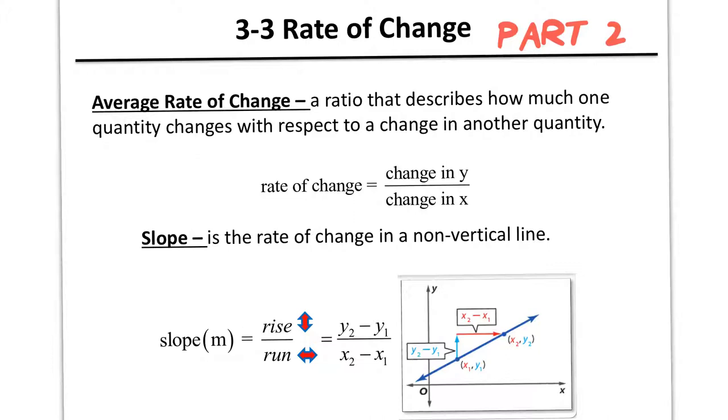The slope is represented by the variable m, and it can be represented as rise over run. In my first video, I explained how that works in a graph. You go up or down when you have a rise, and the run is when you go to the left or to the right.